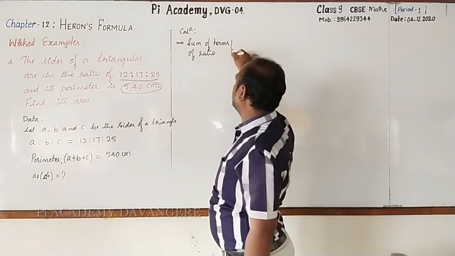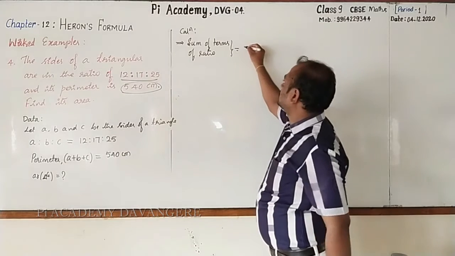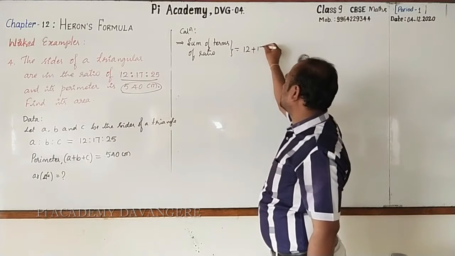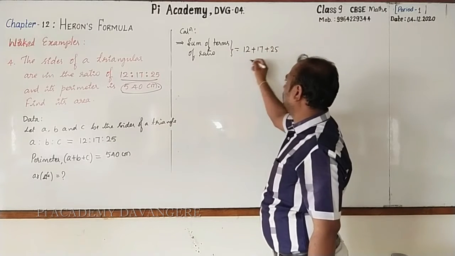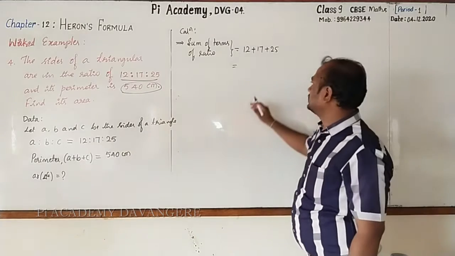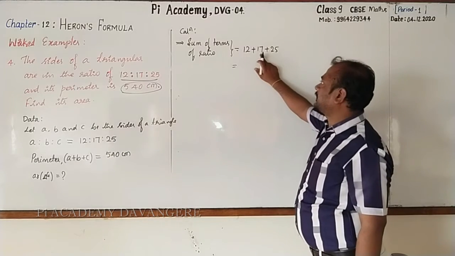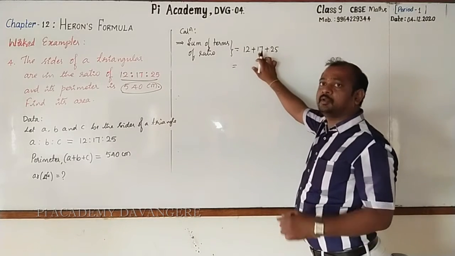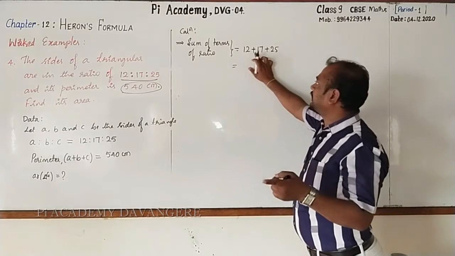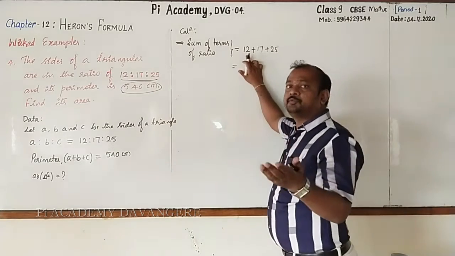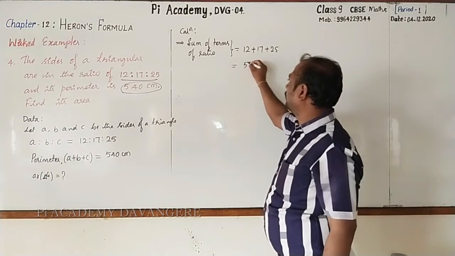This is equal to 12 plus 17 plus 25. How much is it? 25 plus 17 is 42, 42 plus 12 is 54.